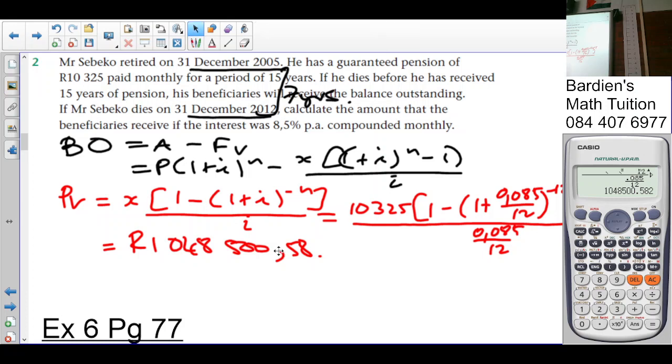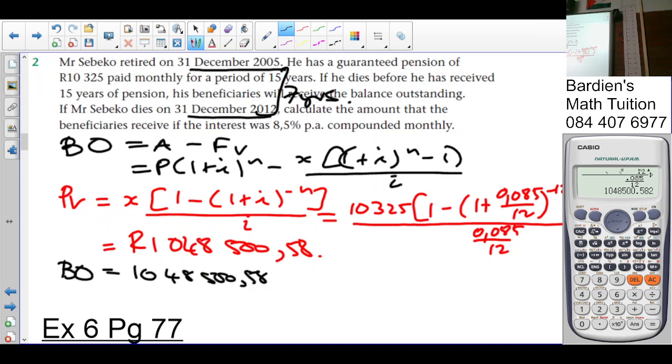So what we do is we say, okay, for this balance outstanding, it would be 1,048,500.58 into 1 plus 0.085 over 12 to the exponent 12 times, and how many years are we looking at? 7 years.